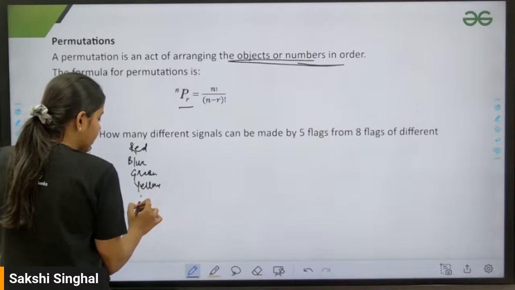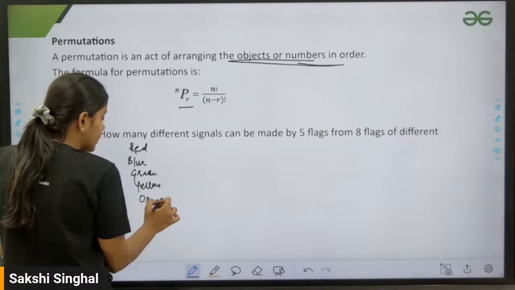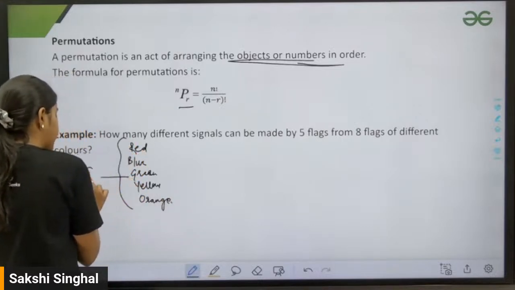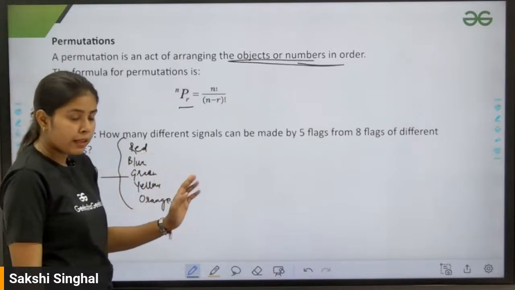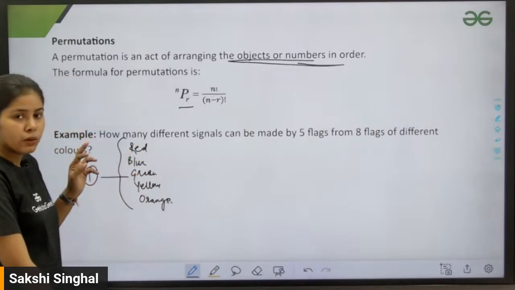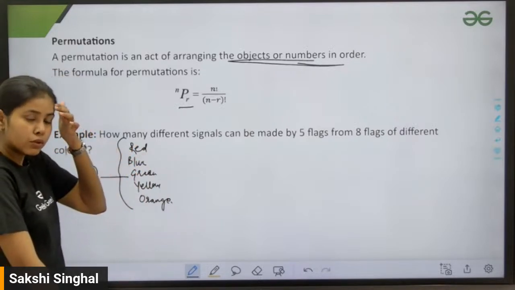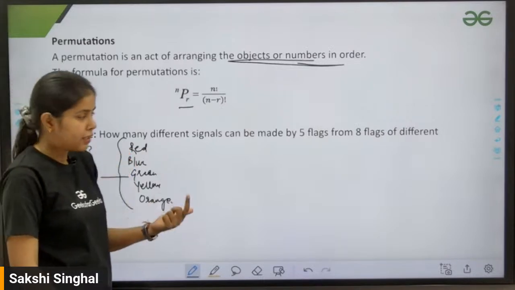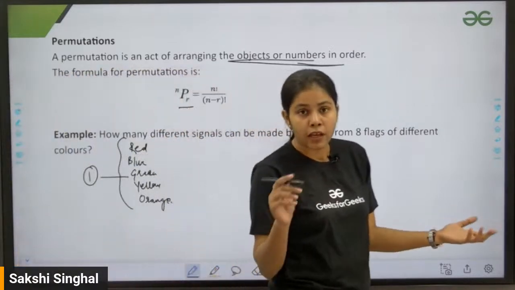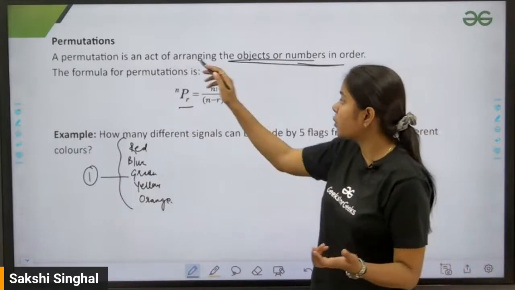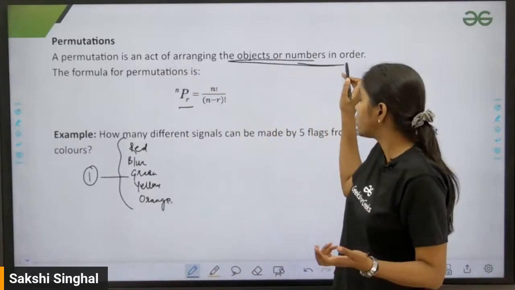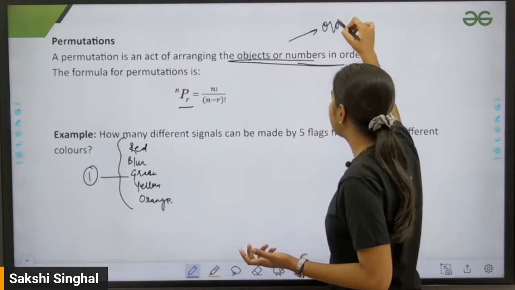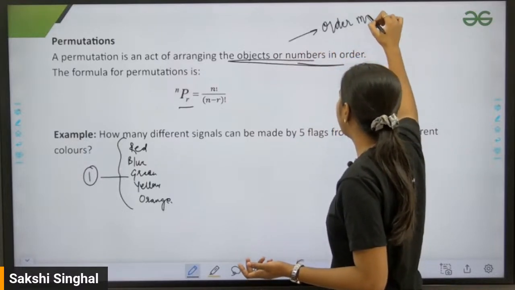If this is one flag, and I interchange any two colors, I get another flag. So here order matters. If I take red in place of blue, the order is different and we get a different flag. That's why this is a permutation: an act of arranging objects or numbers in order, and in permutation, order matters.